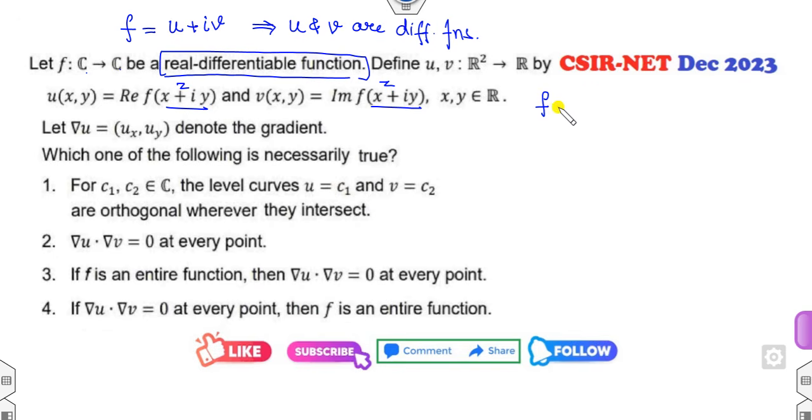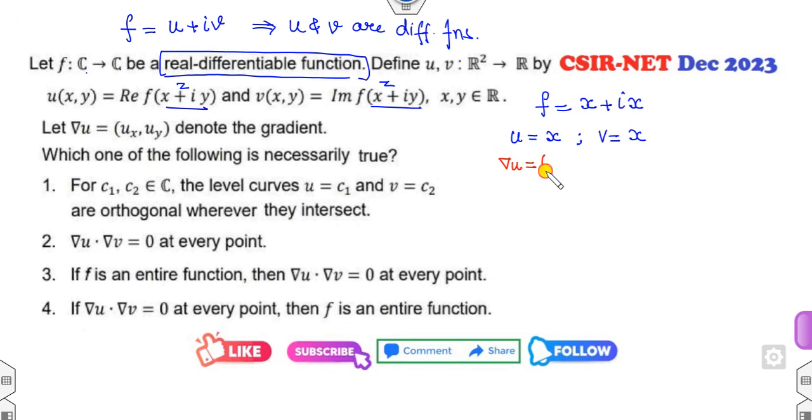Think about any function whose u and v are differentiable. A simple case I can assume is u is my x, v is my x. Clear? Both are differentiable functions. Then what is the gradient of u? U is x, v is x. Can you find the gradient of u?